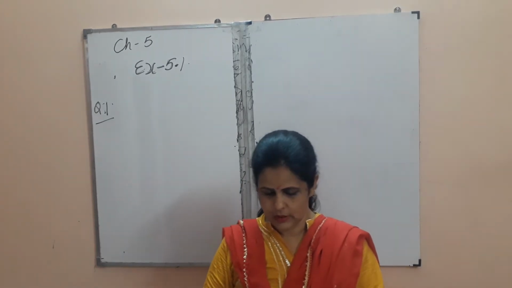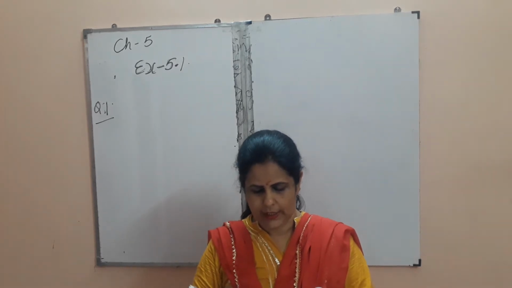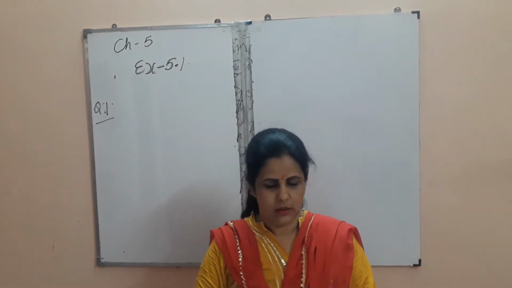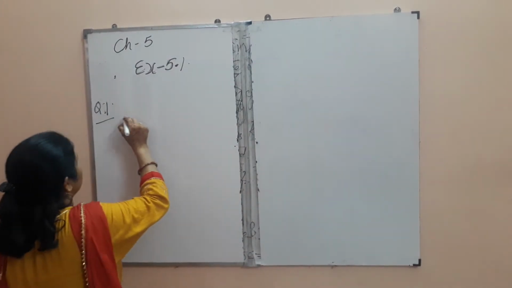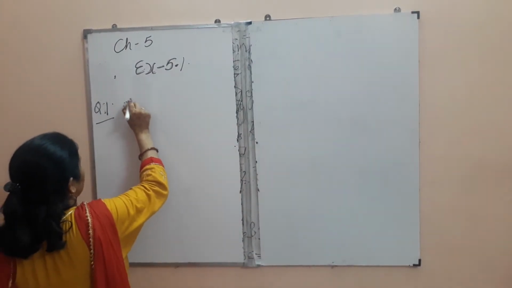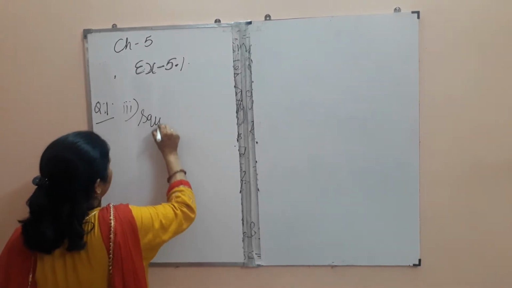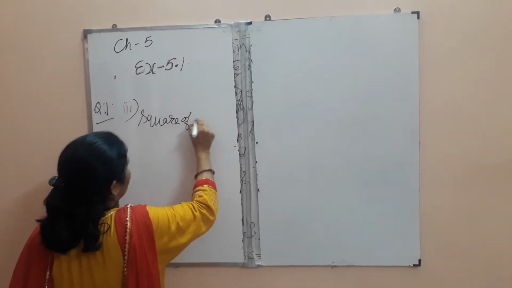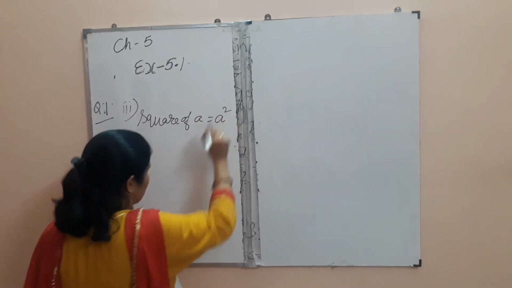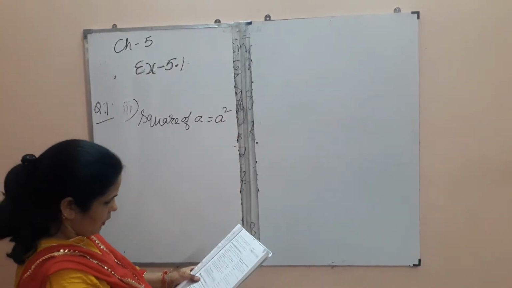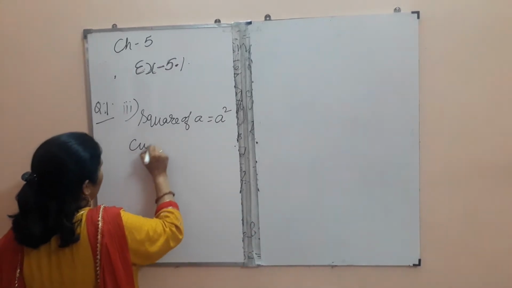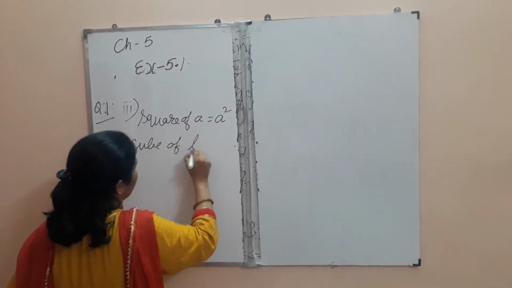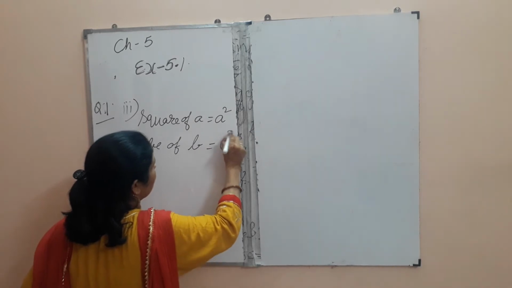The difference of the square of A and the cube of B multiplied by 3. First of all, the square of A will be A square. Then the cube of B will be B cube.